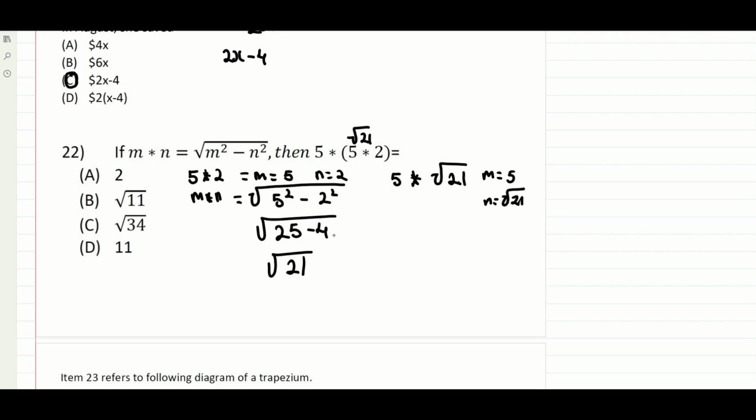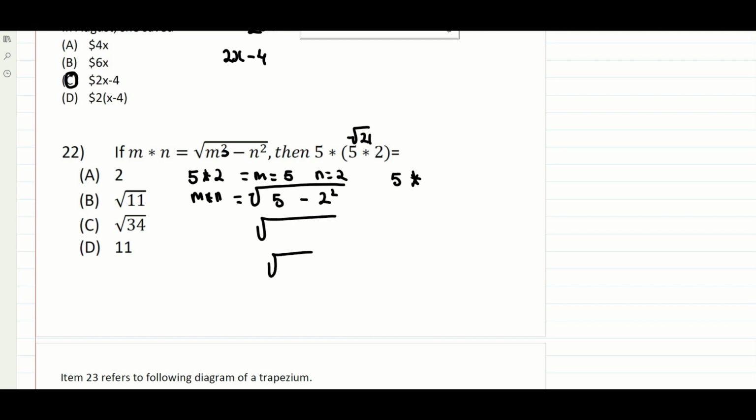Right, so that would be m asterisk n would be the square root of 5 squared minus, a mistake, this is actually 5 cubed. Looking over, this is supposed to be cubed, so this will change. So let's change up this whole entire question. That's why this question is way too hard to be a multiple choice.